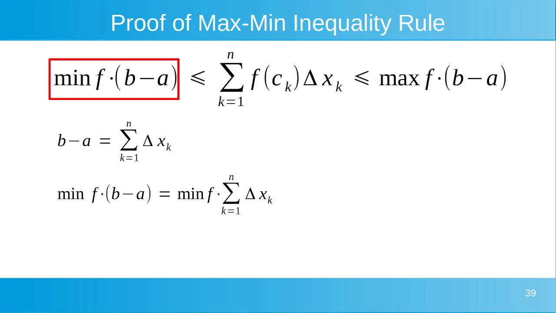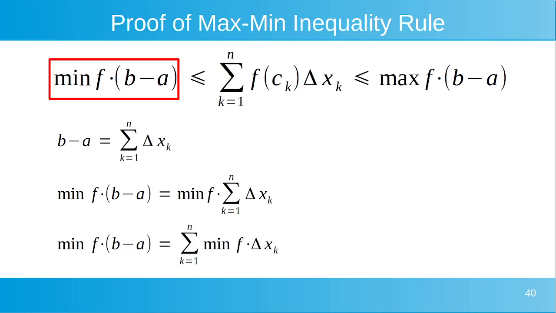Now, rather than summing all the subinterval lengths and then multiplying by min f, what we can also do is multiply each subinterval length by min f and then sum all of those products together. And that's what we do.